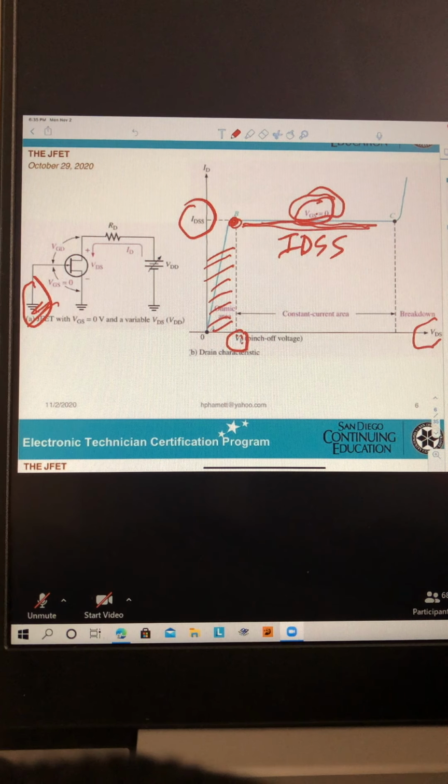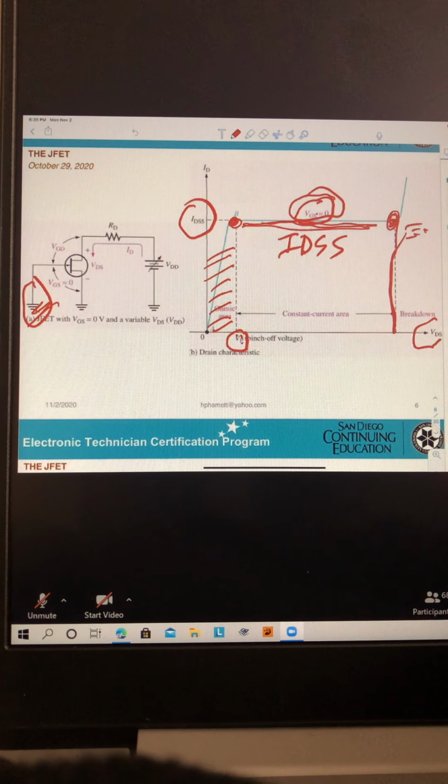However, when VDS is higher than VP, the pinch-off voltage, the current will be constant, and that equals IDSS. And that only happens with VGS equals 0. And if they increase VDS up to this point here, it will break down.